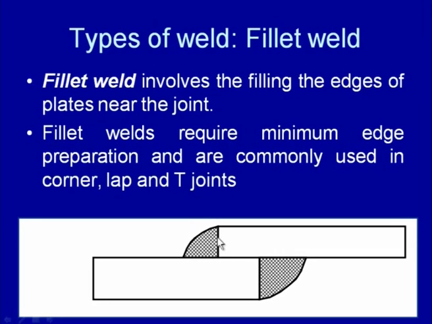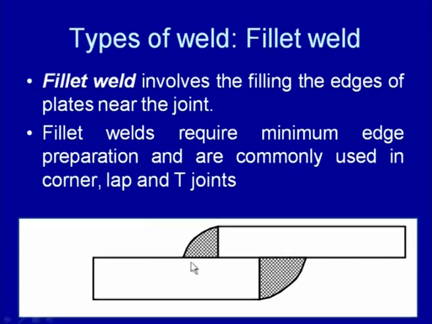So, weld metal is simply deposited near the edge of one plate and on the top surface of the other plate, or simply melting of the surfaces of the two components can be ensured for developing the fillet joint.